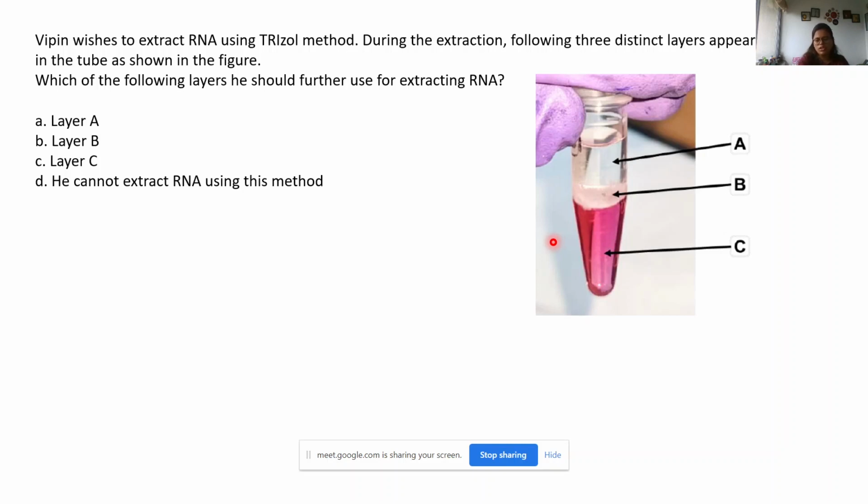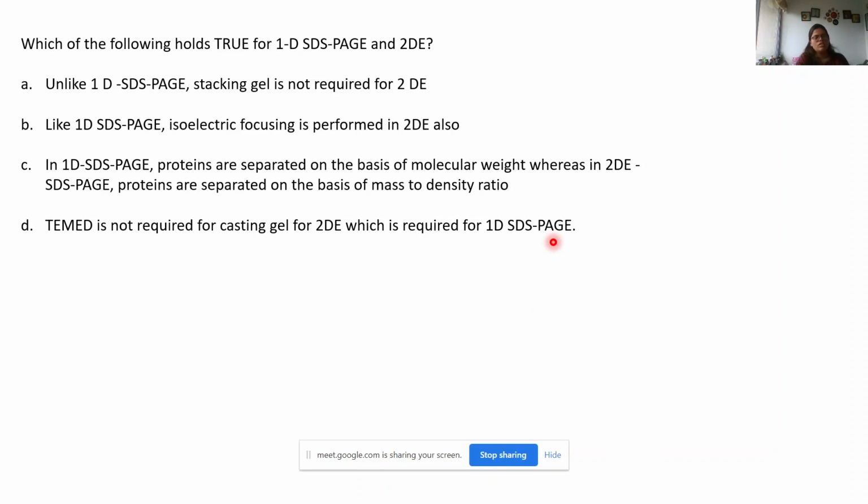So we will move to the next question. Which of the following holds true for one-dimensional SDS-PAGE and two-dimensional electrophoresis? Option 1 is unlike a 1D SDS-PAGE, stacking gel is not required for 2DE. Second option is like 1D SDS-PAGE, isoelectric focusing is performed in 2D also.